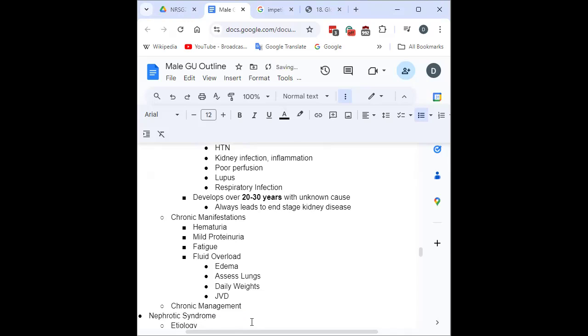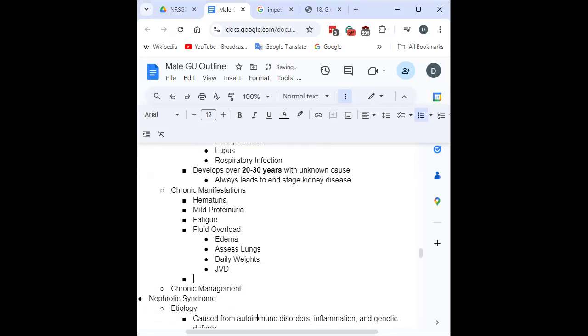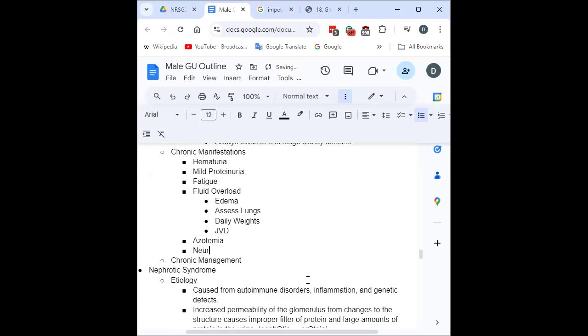JVD, if you guys remember that, when someone's in overload, they can have that engorged jugular. You're going to want to check their eyes and nose too. Some other manifestations, they'll still have the acidemia. The same labs will pretty much be affected. They can have some neurological changes.